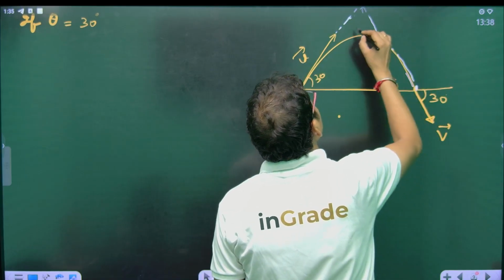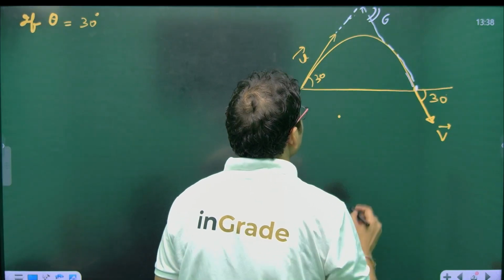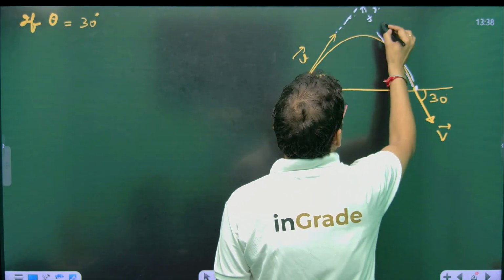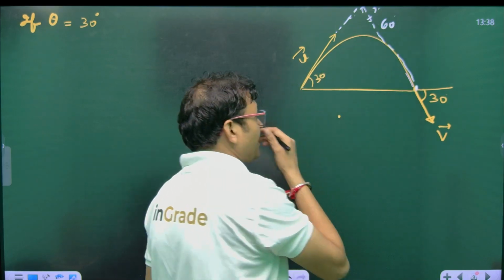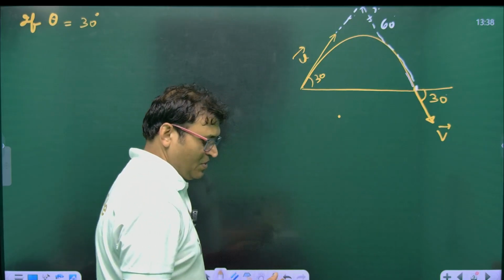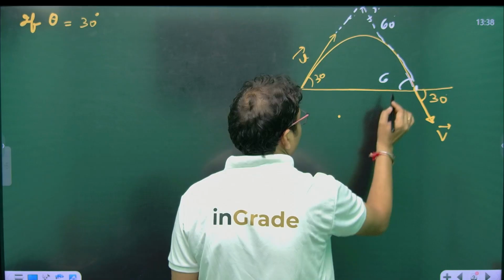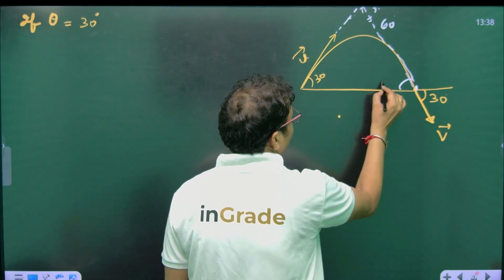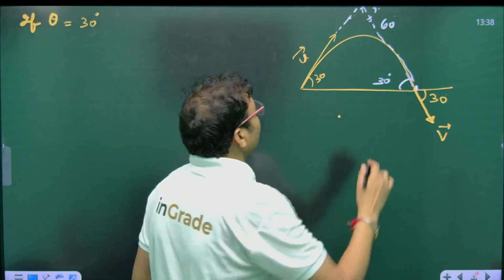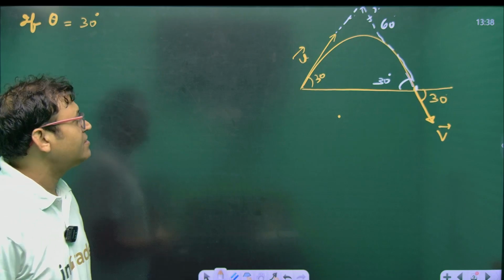This angle will be 60 degree, from the properties of a triangle. This is 60 degree, so this angle is 30 degree, and this angle will also be 30 degree. These two angles will be 30 degree. So the exterior angle is equal to the sum of the interior opposite angles.